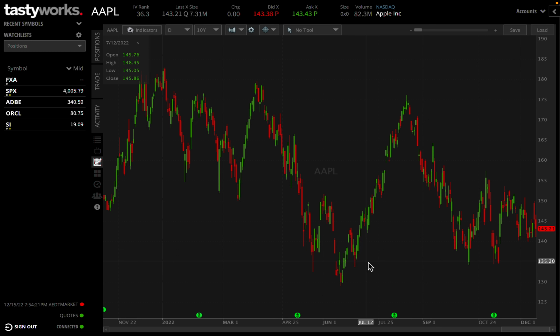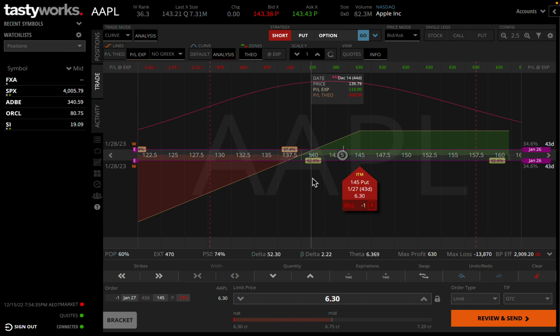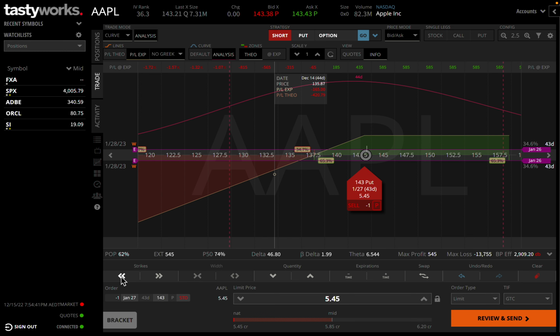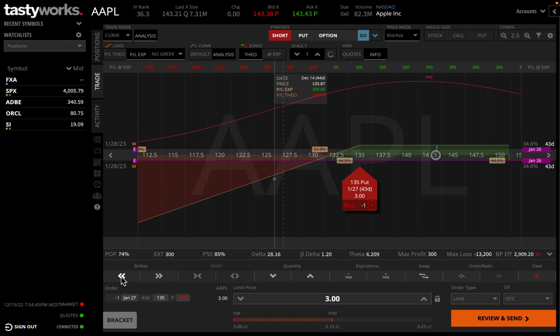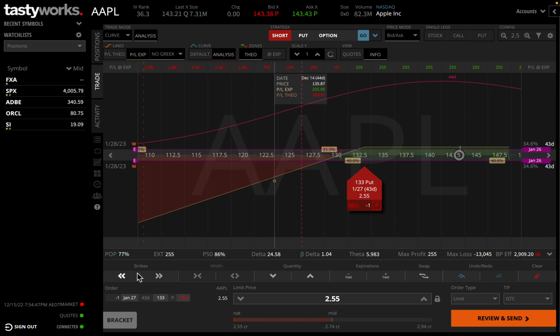Or you want to go for a bit more premium, collect a bit more, and maybe not go so low. Maybe you go as low as this little bottom here, so maybe 133. So back on your trading platform here, you can move the strike price down to, let's say, 133.